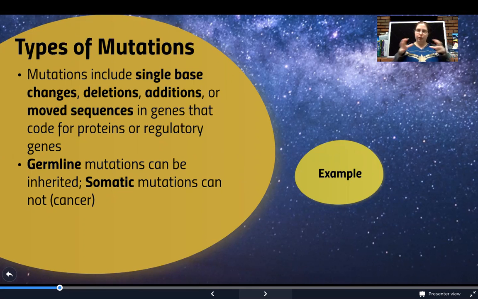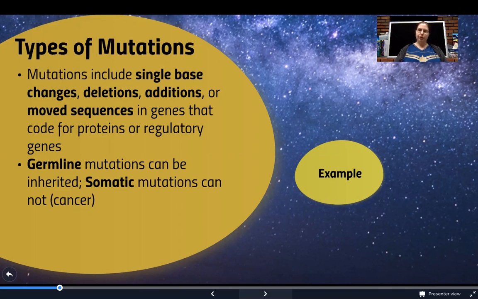Deletions means that you are losing part of the DNA. So it actually gets taken out and the remaining gets put together. Additions, adding extra stuff to the DNA, so adding extra bases, or move sequences. So what if the entire gene kind of moved around, or sections of the gene got moved around and rearranged?